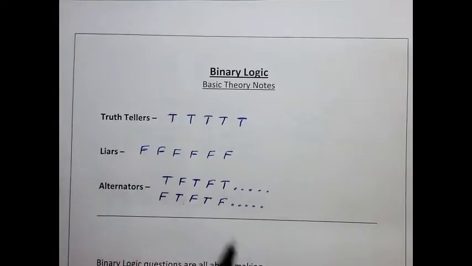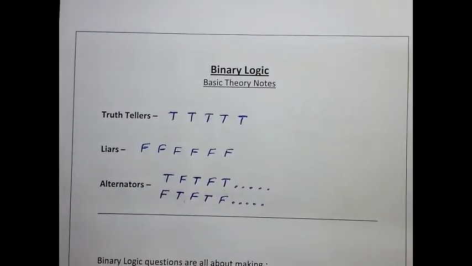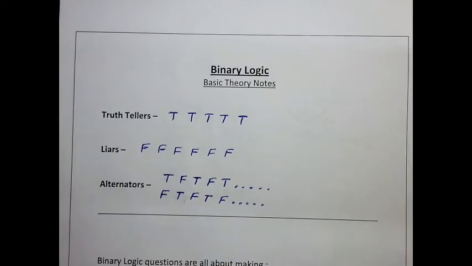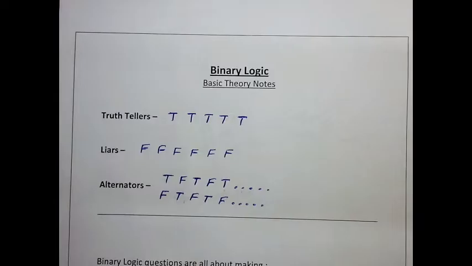Most of the questions that come from this binary logic involve people making maybe two statements or three statements. Very rarely we have seen situations where people involved make more than three statements.